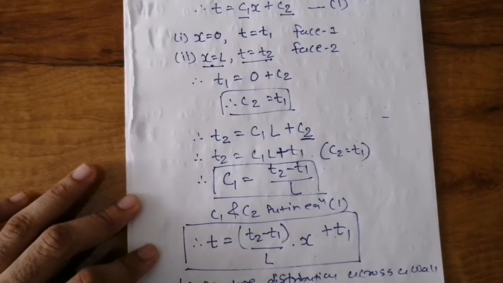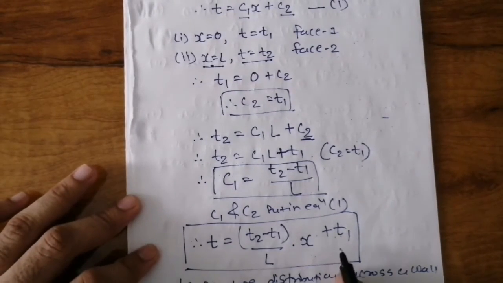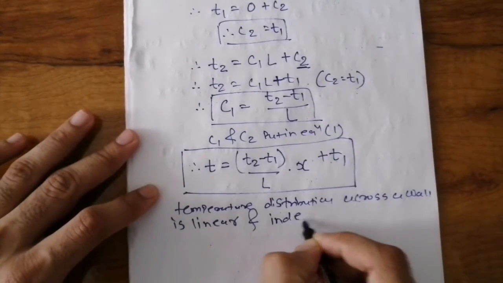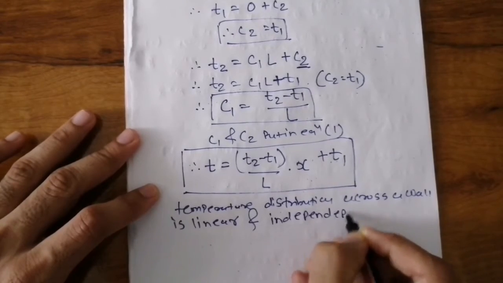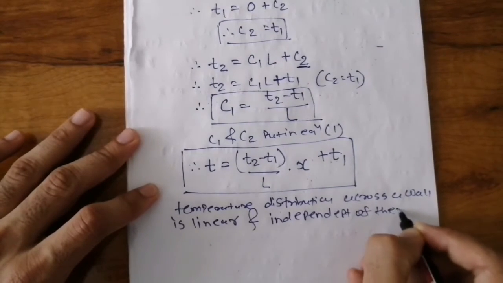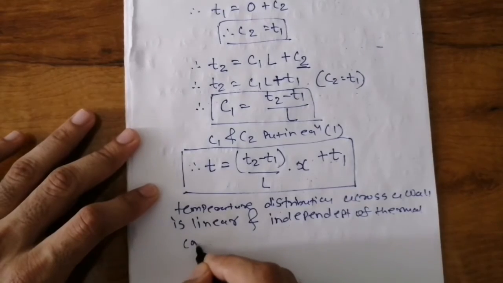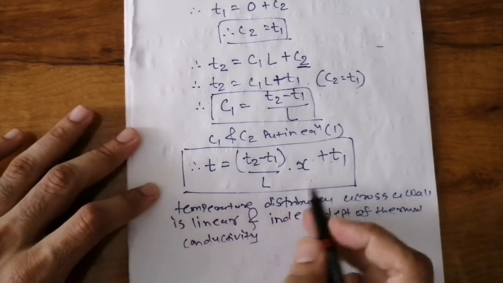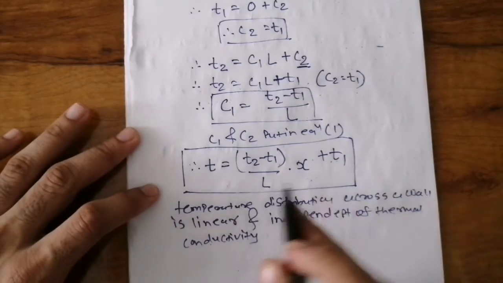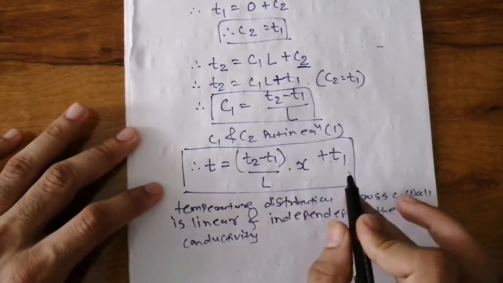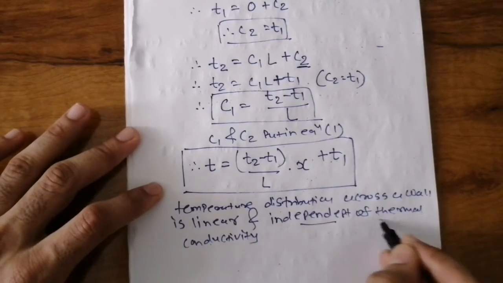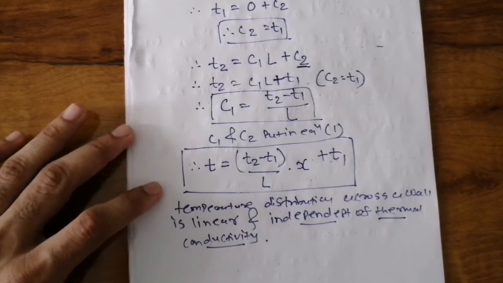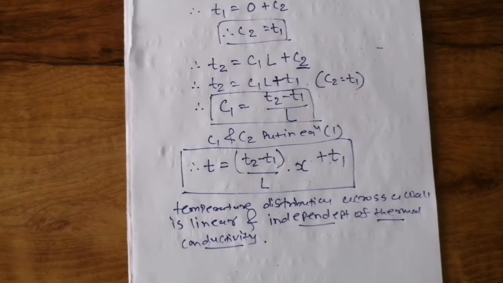And the temperature distribution equation is independent of thermal conductivity. You can see here in the temperature distribution equation, the thermal conductivity is not present. So we can say that the temperature distribution equation is independent of the thermal conductivity; it does not depend on the thermal conductivity.